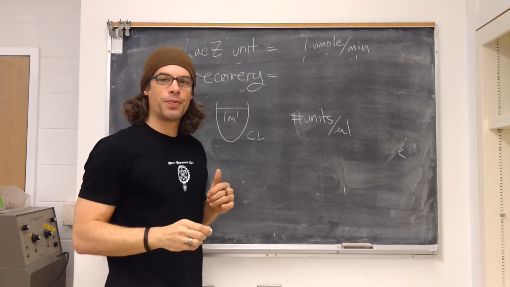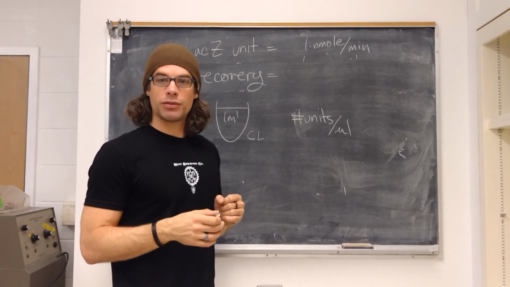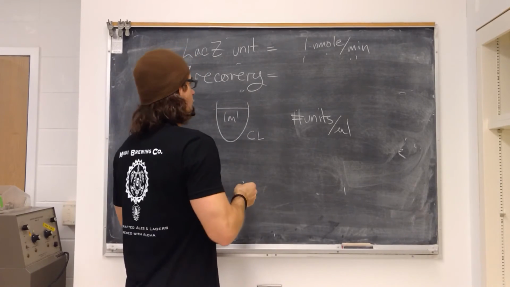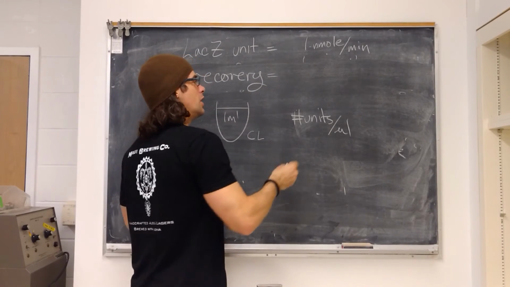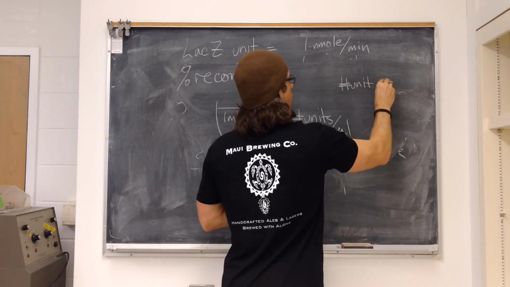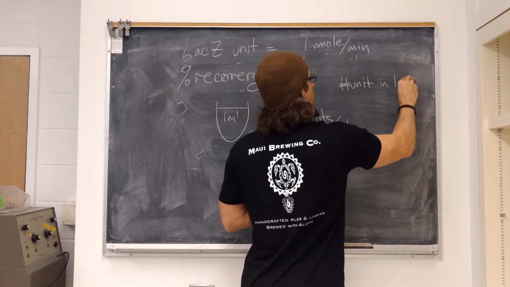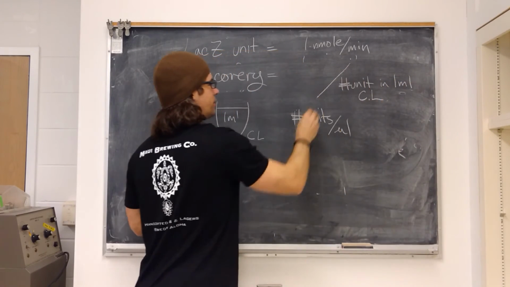It was 1 mil. So whatever value you have here, multiply it by 1,000. So for your percent recovery, one of the values we're going to use is the number of units in 1 mil cleared lysate. I'm just going to use CL.